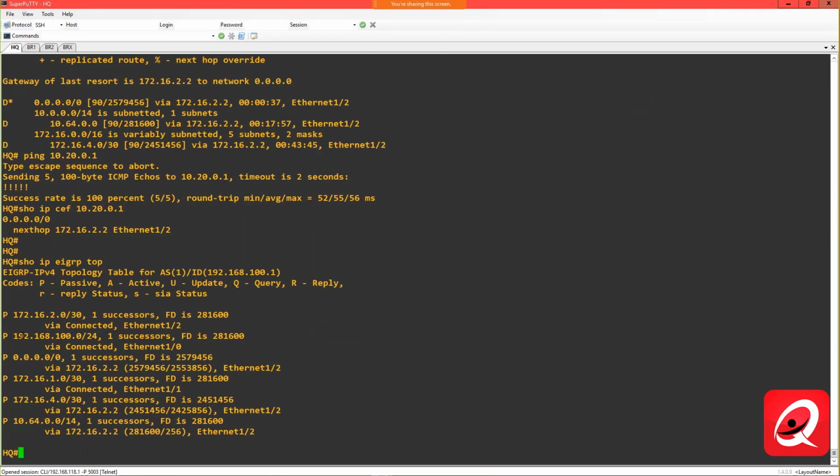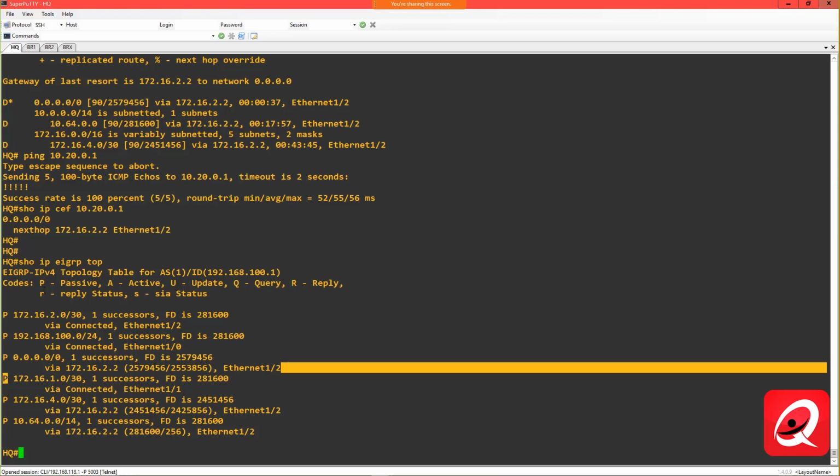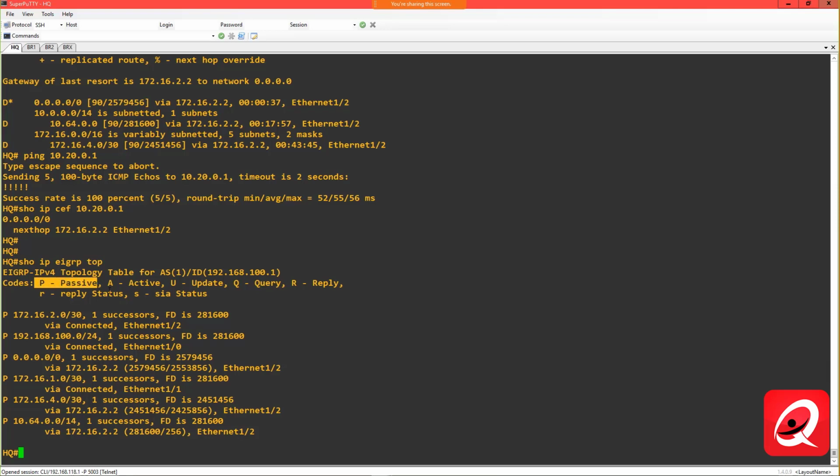You'll notice here that we see these P's next to each of the routing entries, which indicates that these are passive links, right? These are passive routes, meaning that we're not actively seeking a way to reach that particular destination. But you'll notice here we see a query, we see a reply, but we also see stuck inactive status, an S indicating stuck inactive.